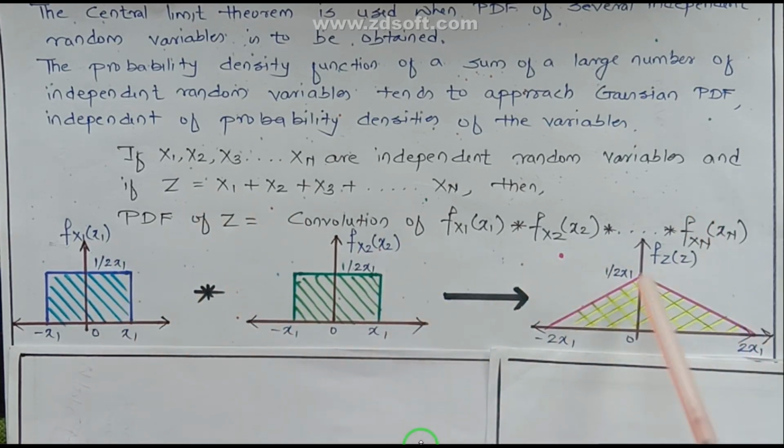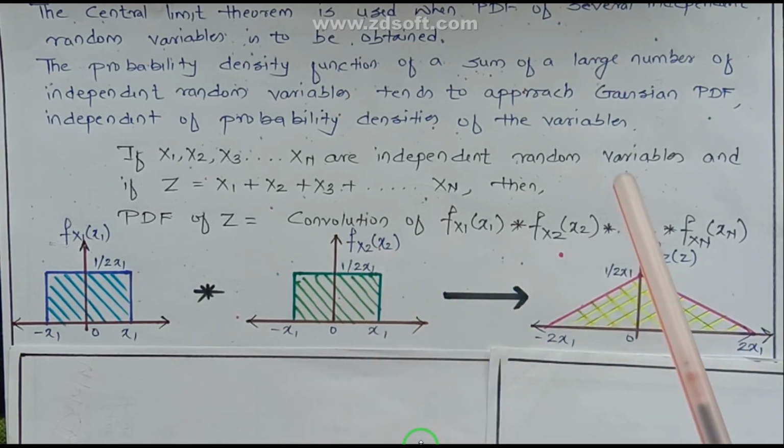Over here you can see the amplitude 1 upon 2x1. It ranges from minus 2x1 to plus 2x1, because each ranges from minus x1 to x1. So this is your resultant PDF of z.